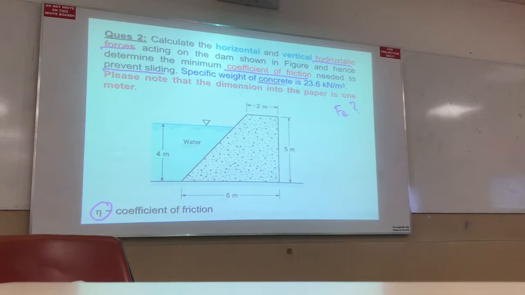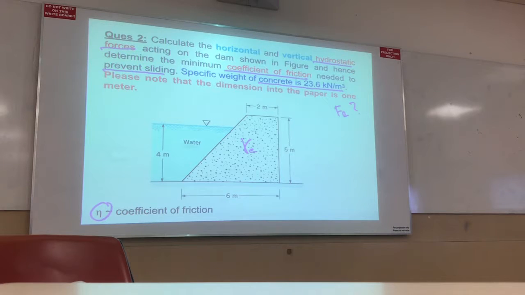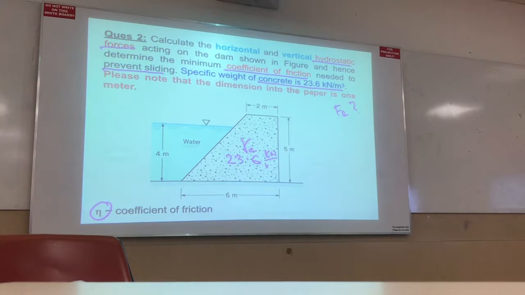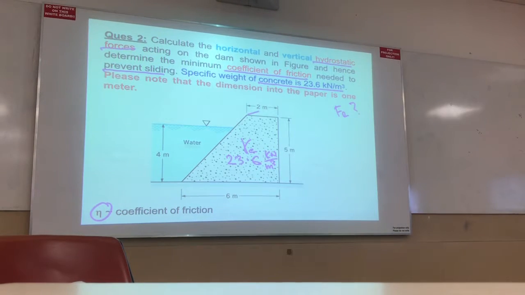Specific weight of the concrete is given, 23.6. Right? Unit is kilonewton per meter cube. Alright? Please note that the dimension into the paper is 1 meter.